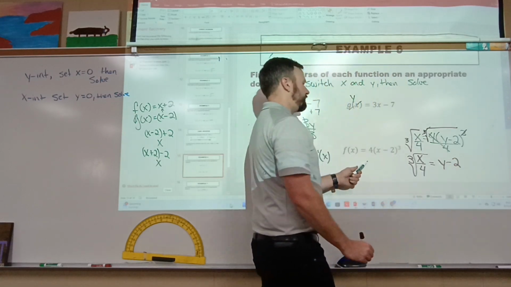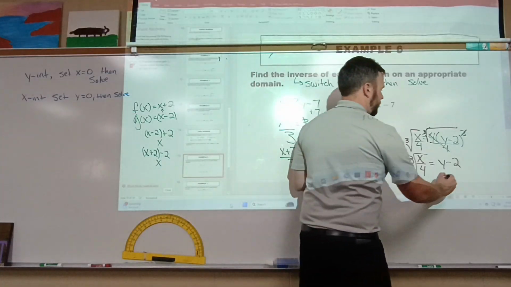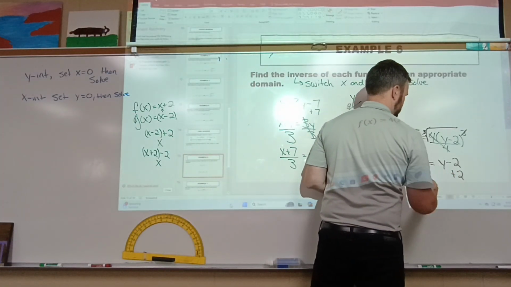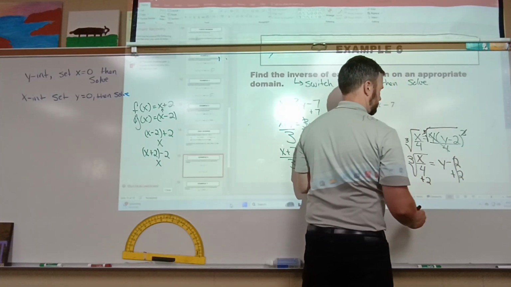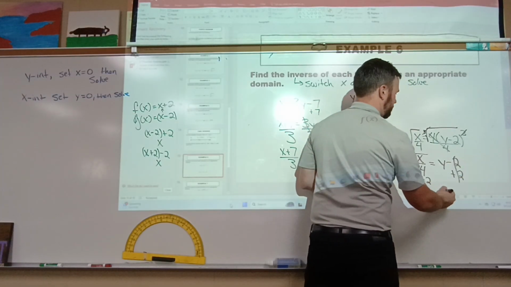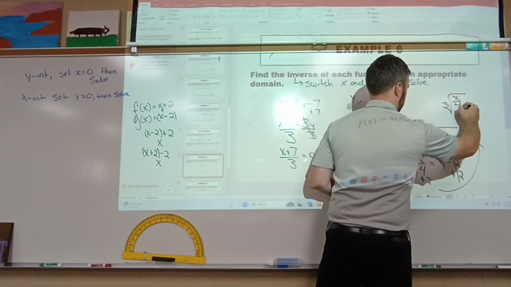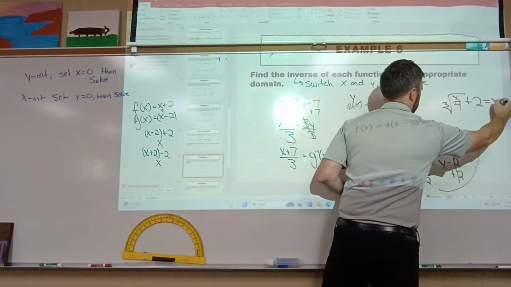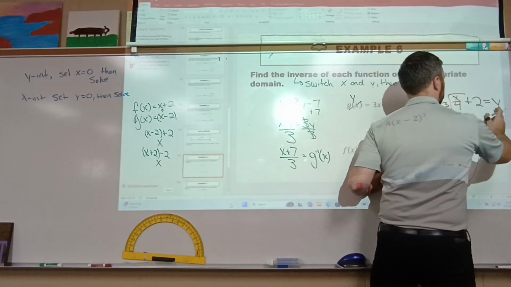This is one of the tougher ones you would see. Get rid of the 2 by adding 2. I might have to draw an arrow. That's my inverse. That one was tougher.